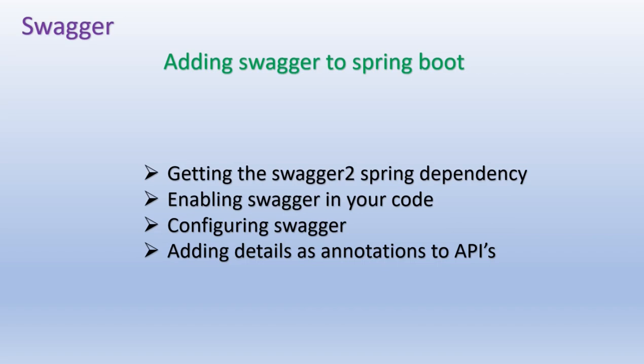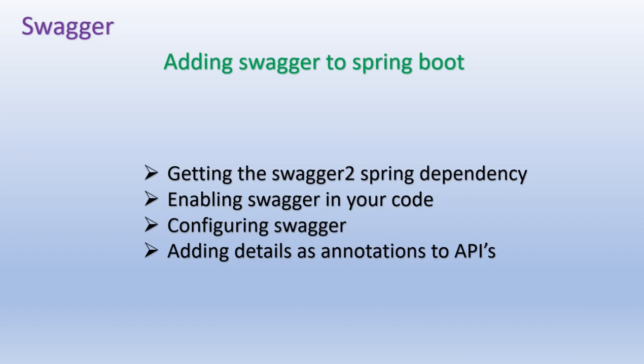And how do we add Swagger to Spring Boot? As we add dependencies for other things, for Swagger also we can import some dependencies, like Swagger 2 or Swagger 3. It depends on the current version in the market.